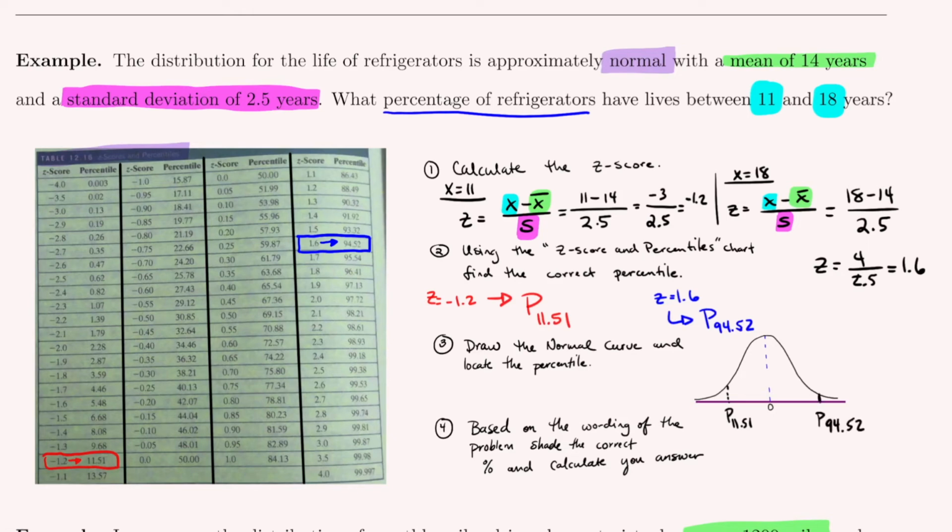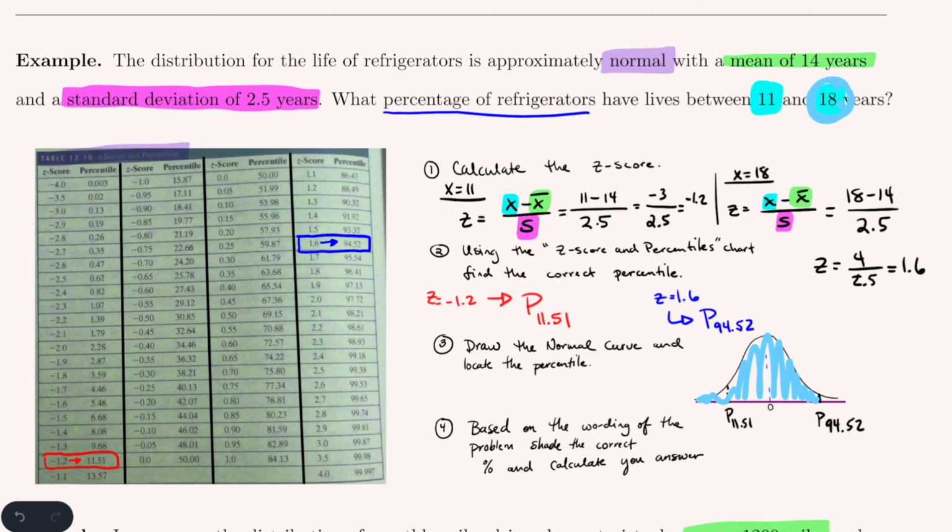Now keep in mind what this percentile means. It means that 11.51% of the data lie below this value. So 11.51% of the refrigerators last less than 11 years. Now a z-score of 1.6 going to the 94th percentile means that 94.52% of all the refrigerators last less than 18 years.